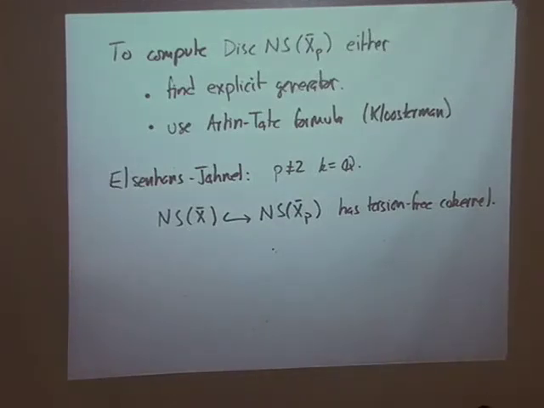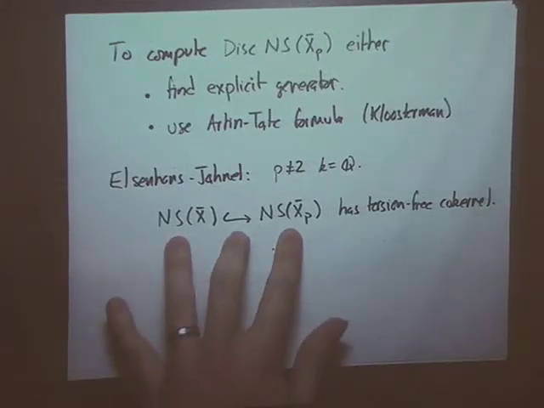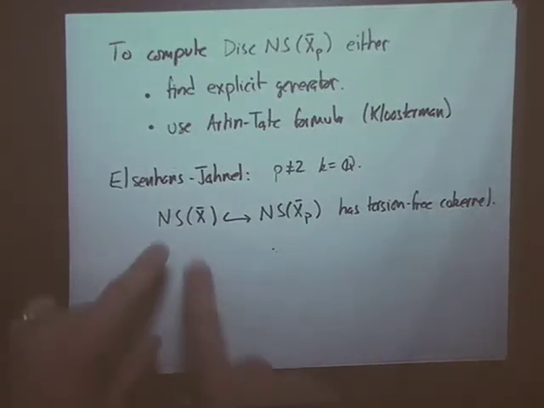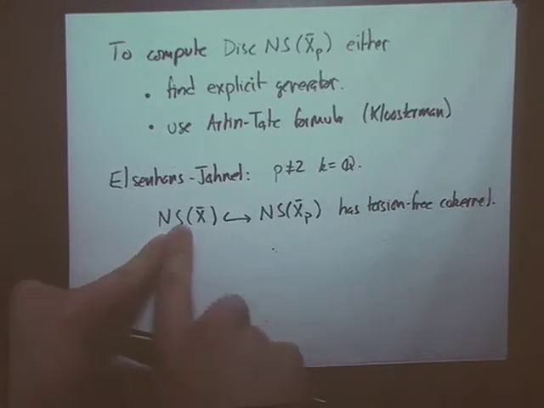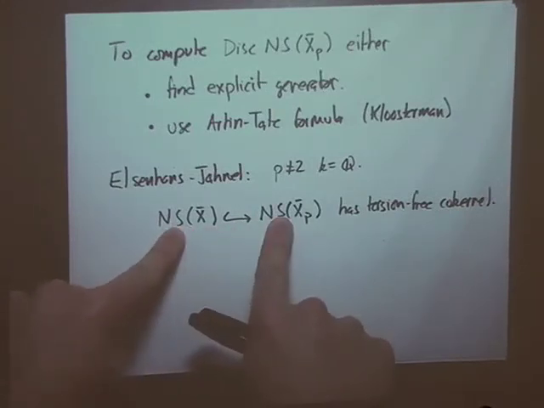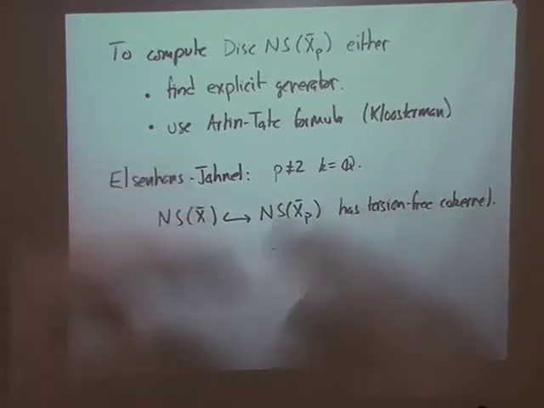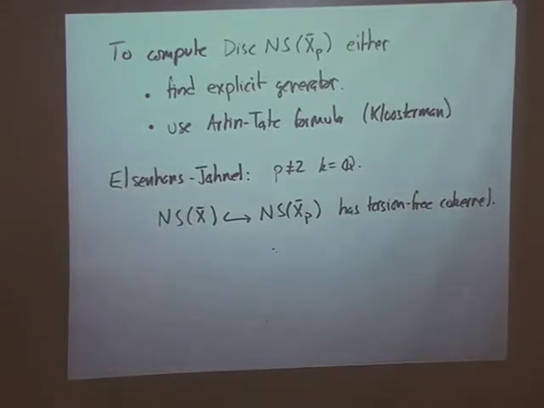The reason this is good is that it's an improvement that allows you to use information at only one prime. If you suspect that this is not a full rank sublattice, that the rank is less, then you'll end up seeing some torsion in this cokernel.